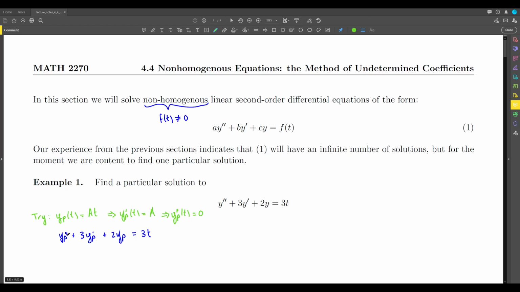Now yp'' is 0, yp' is a, and yp is at. So we have 0 + 3a + 2at, which has to equal 3t.